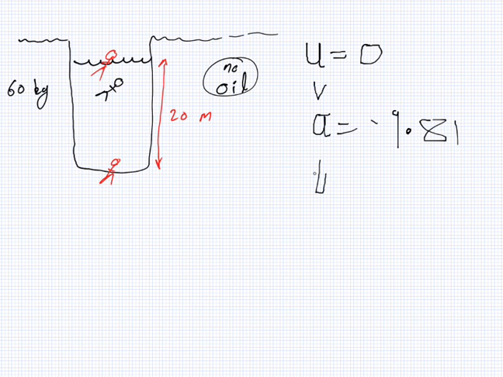T is what you want, and what's S? 20. Minus 20 if you're going to use minus for the A. Okay, so can you calculate the T? What did you say the T was? 2.02. And you use this information? Yeah.